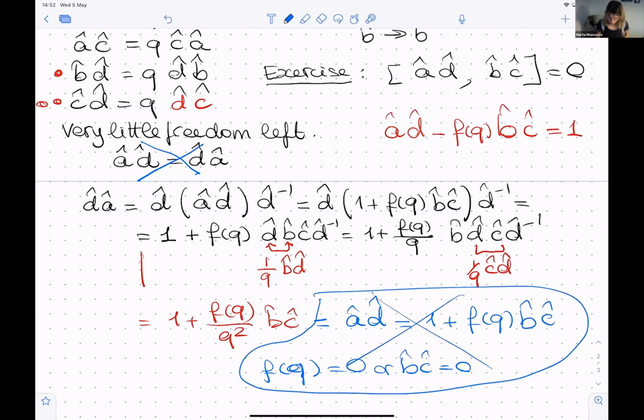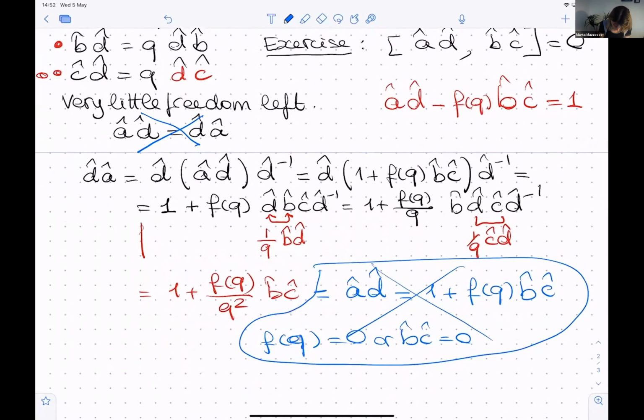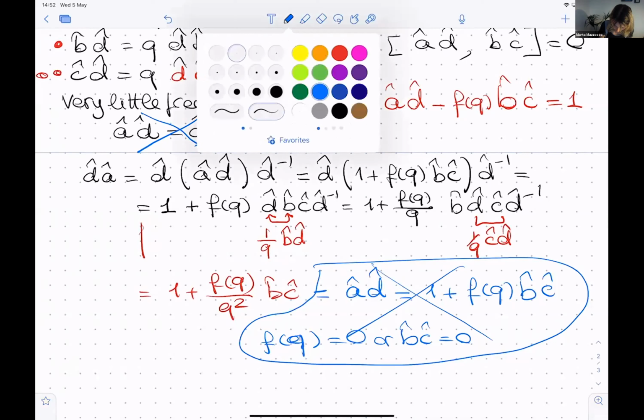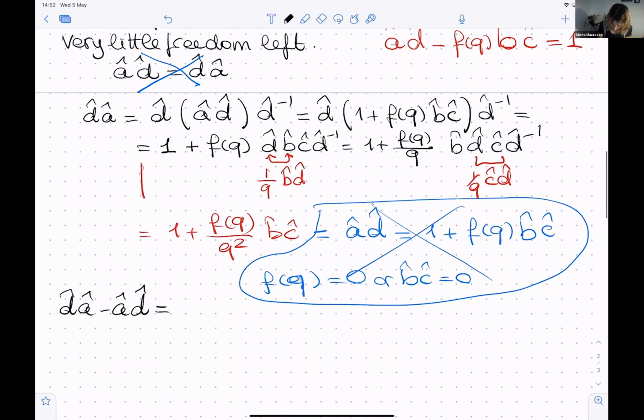The part in which I computed D times A is exactly the same, but now I want to write what is dA minus AD. So for dA, I'm going to use what I've just proven.